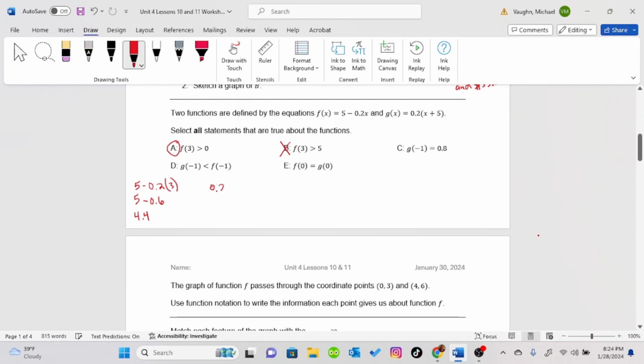So we have 0.2 times negative 1 plus 5. Negative 1 plus 5 is 4. And 0.2 times 4 is 0.8. 0.8 does equal 0.8. So C is a correct answer.